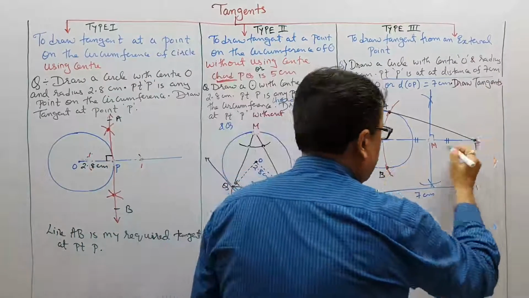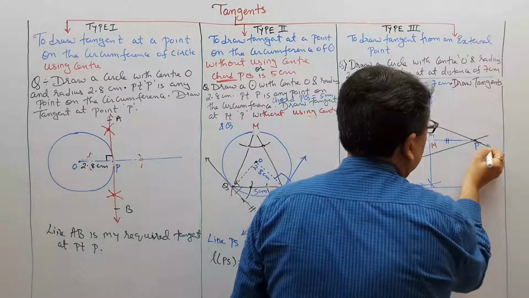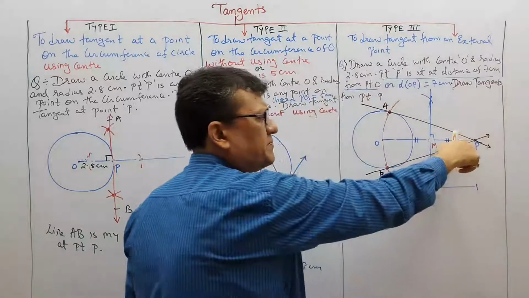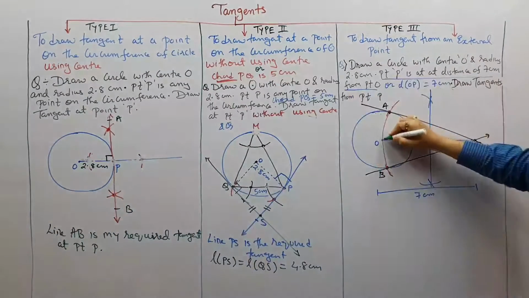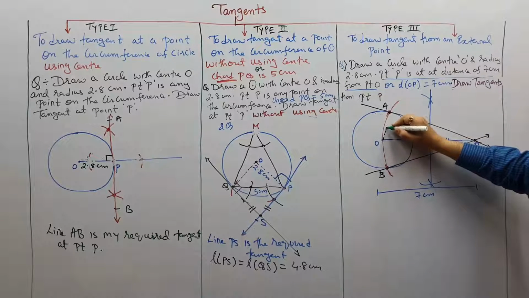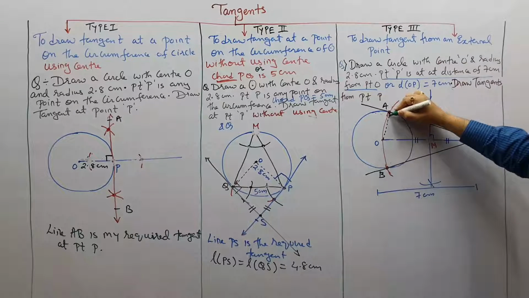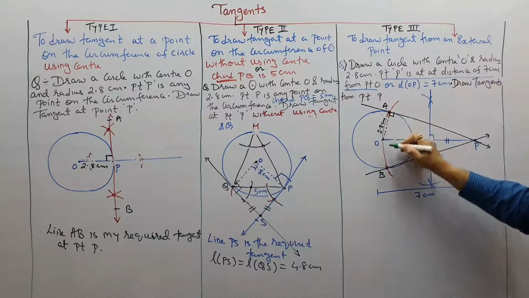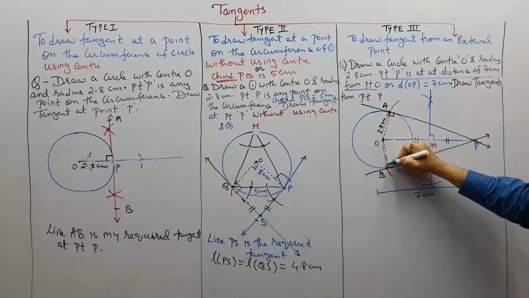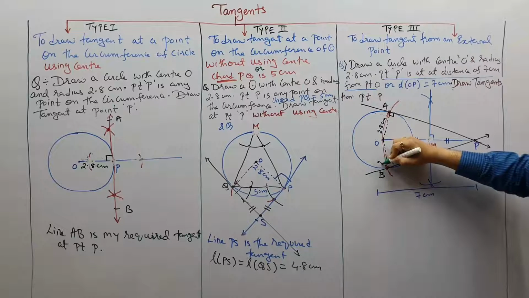B to point P. If you want to extend it, you can stop at P also. Immediately, radius is perpendicular to tangent. So, 90 degree, radius is 2.8. We need to write down in inclined way. Immediately, 90 degree and 2.8.